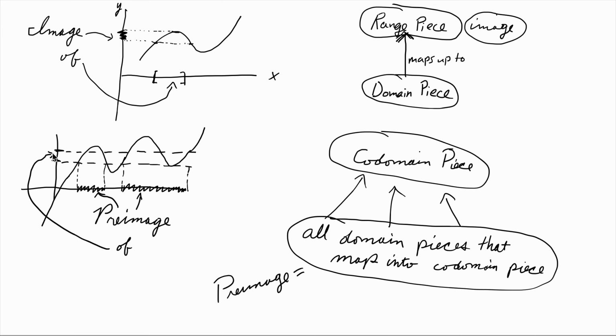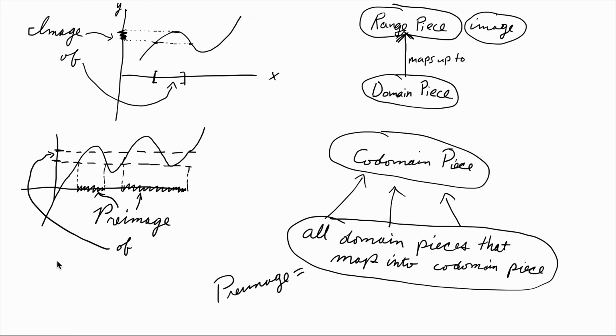When we cast it down, the preimage is kind of like the shadows of all the y values that are actually hit, cast on the x-axis. So it's all the x values that are actually sent up with an image in that interval.